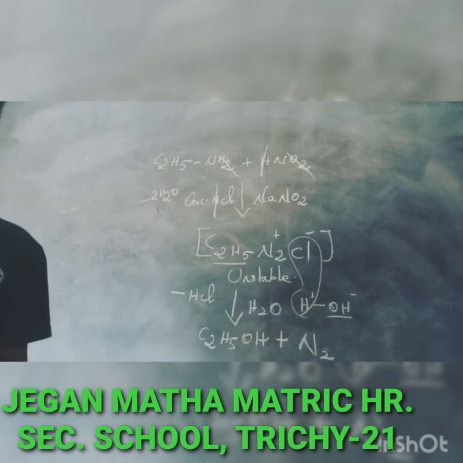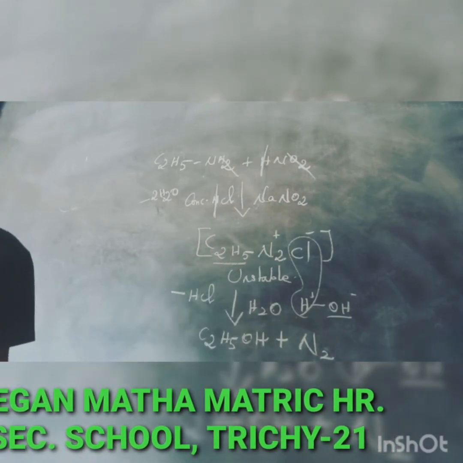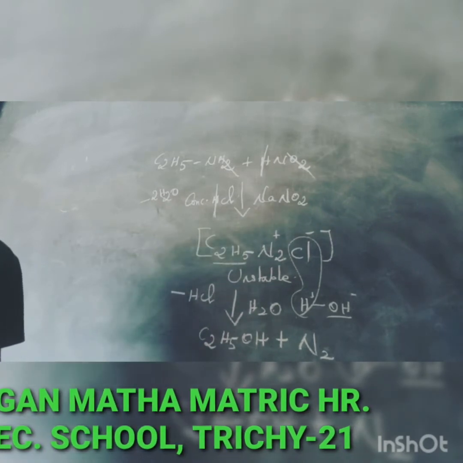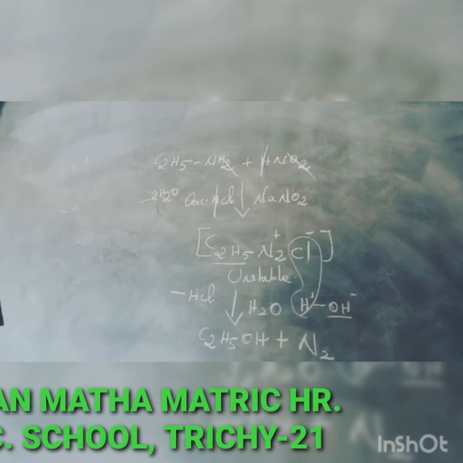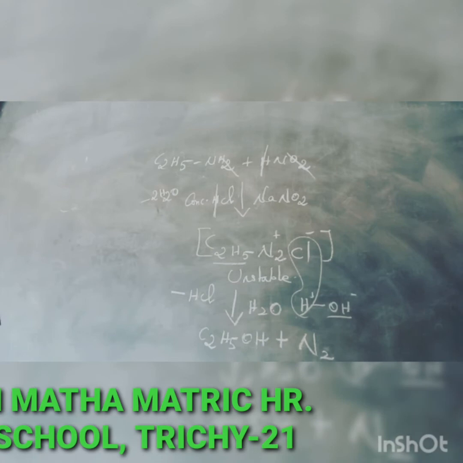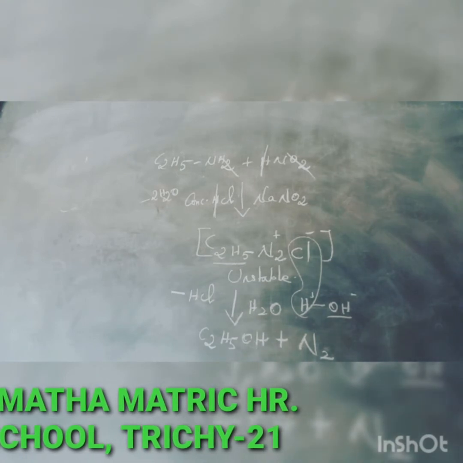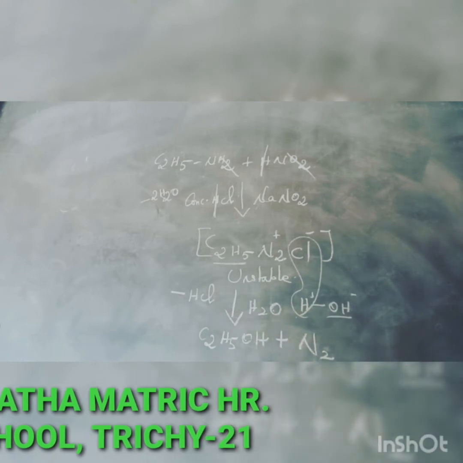The next one, aniline, reacts with nitrous acid at low temperature, 273 to 278 Kelvin, to give benzene diazonium chloride, which is stable for a short time and slowly decomposes at low temperatures. This reaction is known as diazotization.